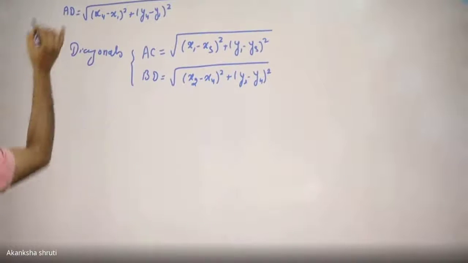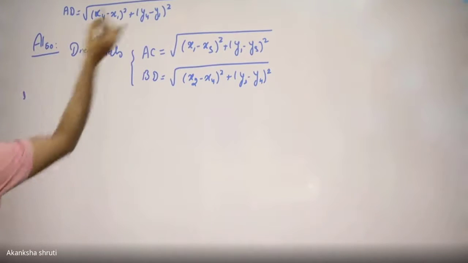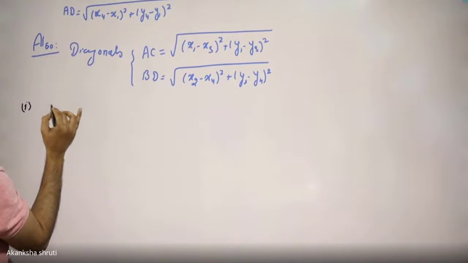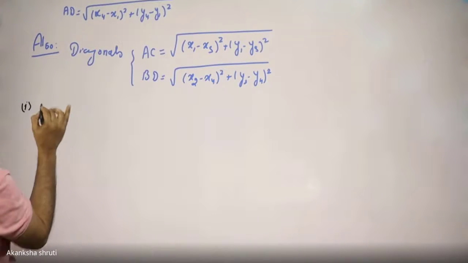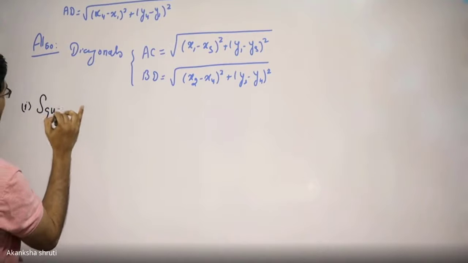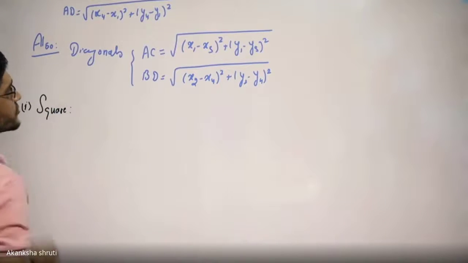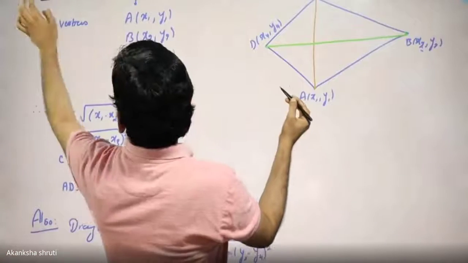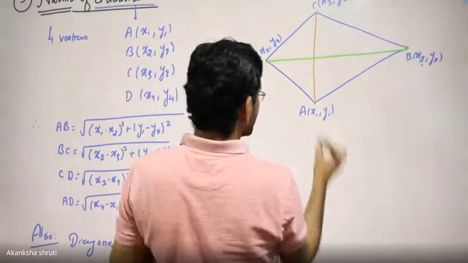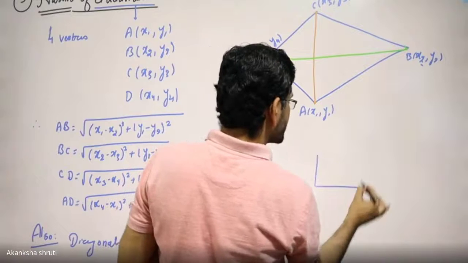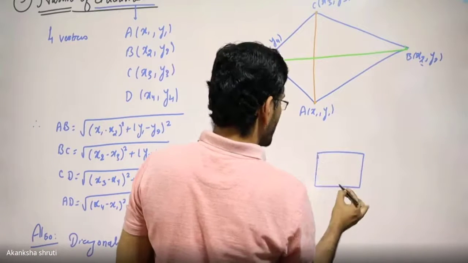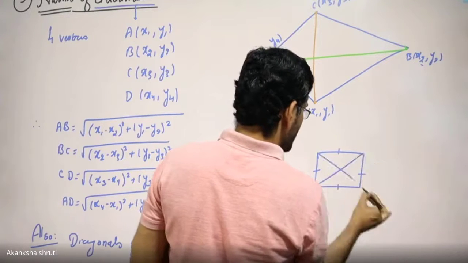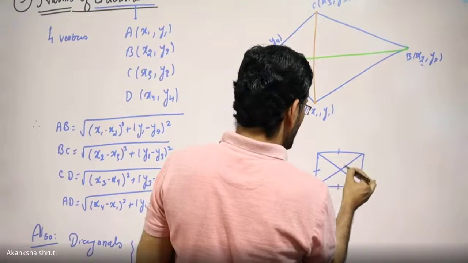So what are those things that we are going to summarize? Students, the first possibility is the quadrilateral will be a square. For a square, just keep in mind, all the side lengths should be equal. Also, the diagonal lengths should be equal.